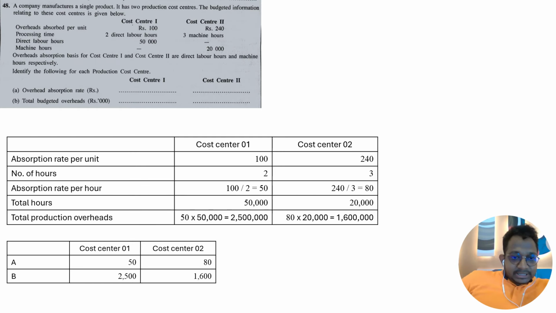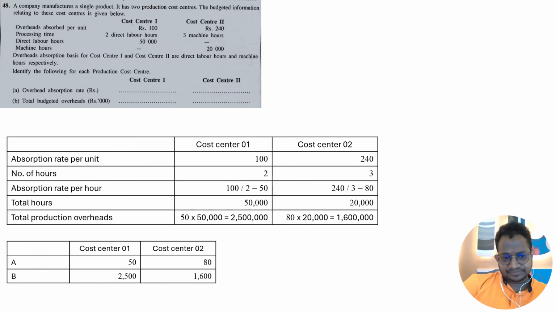In 48, they are given the information about production overheads. There are two cost centers and the overhead absorption per unit is given, and then the labor hours and machine hours. Then to find out the absorption rate per hour, you have to divide that.